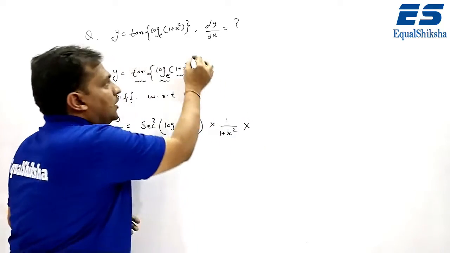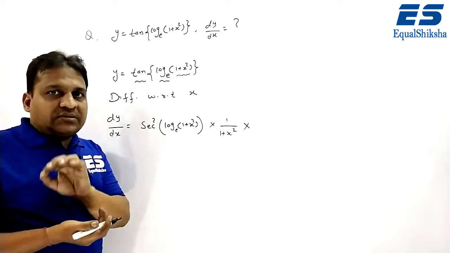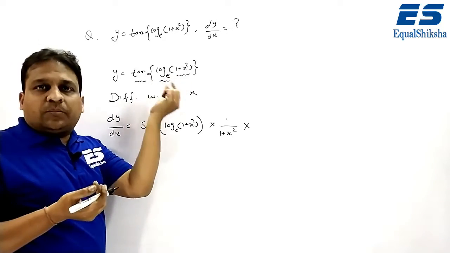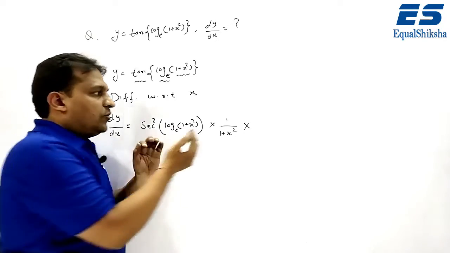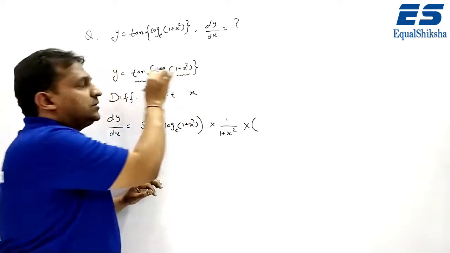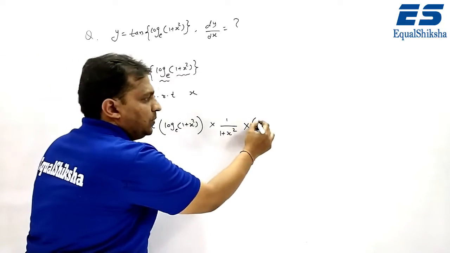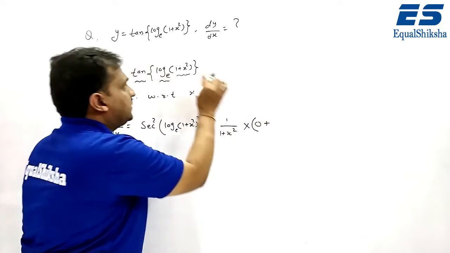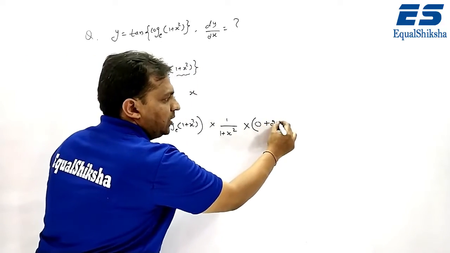Then now we will do differentiation of 1 plus x square. This is the third function, and 1 plus x square is a composite function, and for this we first differentiate 1. 1 is a constant, so there will be 0 plus the differentiation of x square, and the differentiation of x square will be 2x.